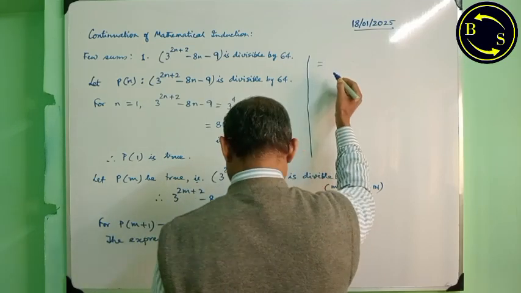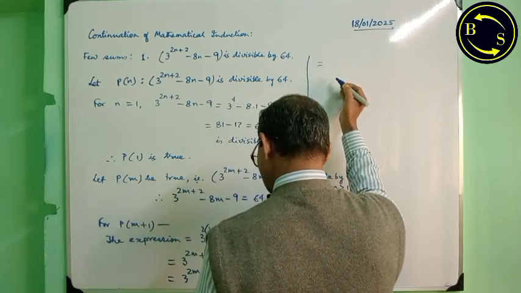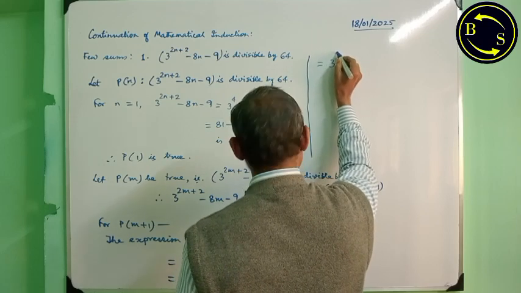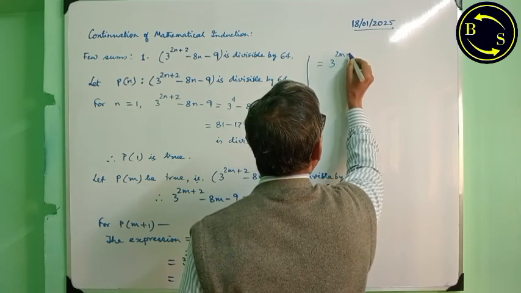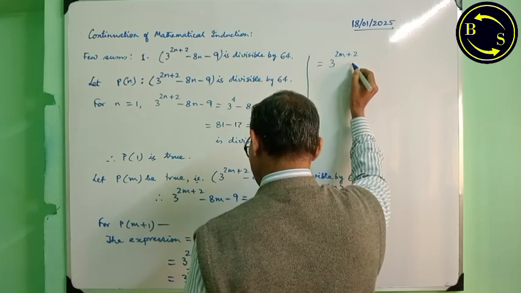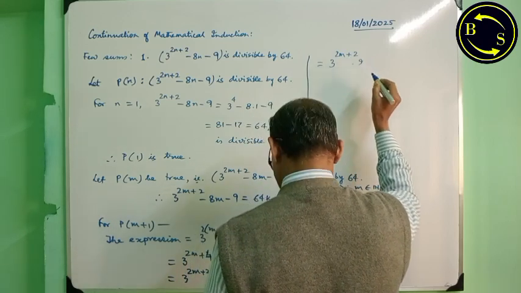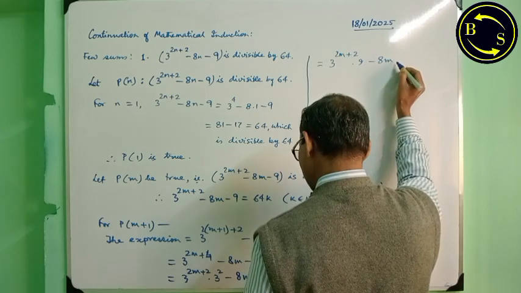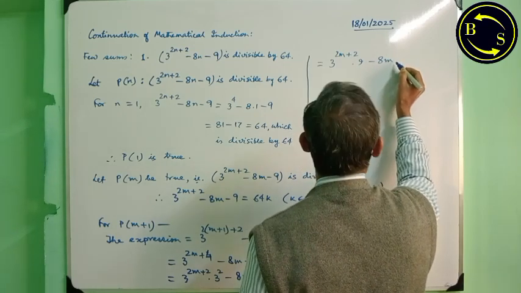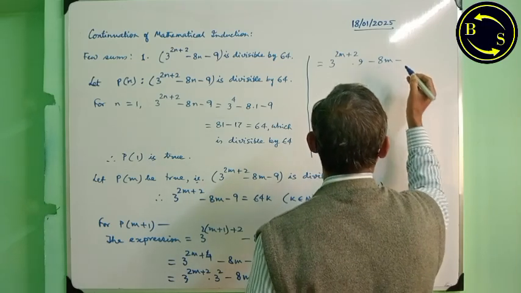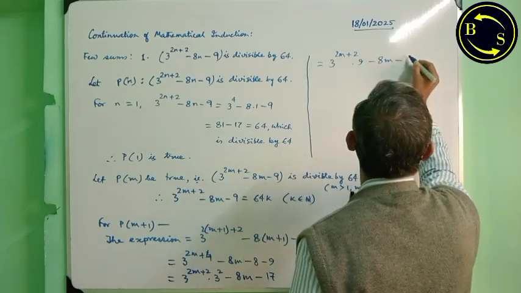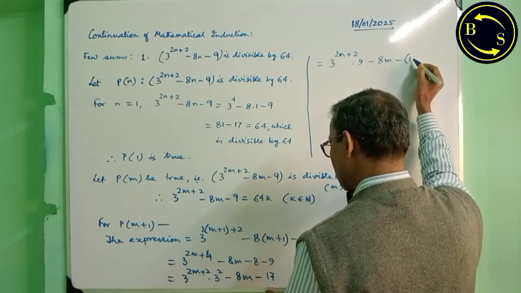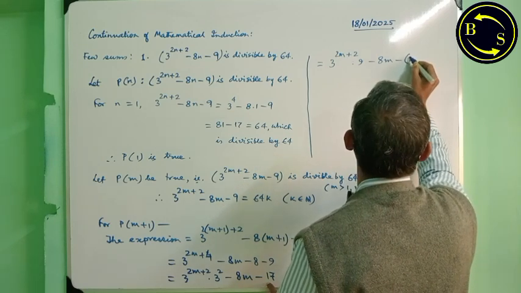Is equal to 3 to the power 2m plus 2 into 9 minus 18 minus, I can write also 9 plus 8.